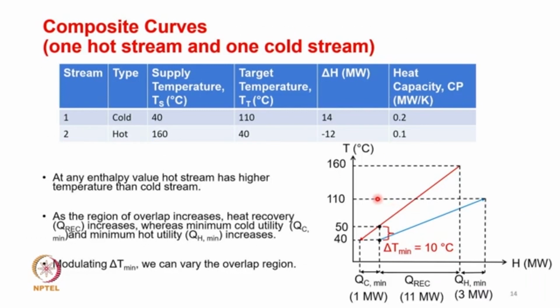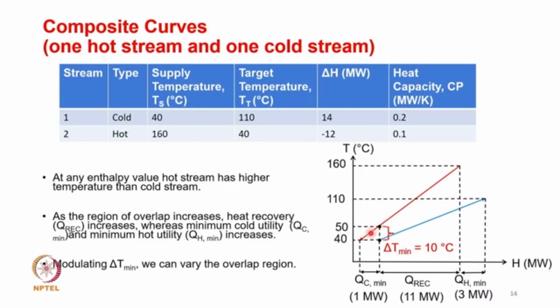Fine. So, if you want to effect the heat transfer at any enthalpy value, the hot stream would have the higher temperature, and so you can see that the curves tend to have certain overlapping regions. This is the region wherein you have the overlap.